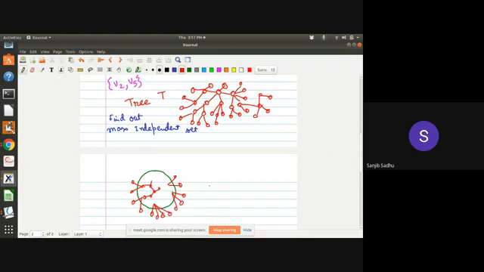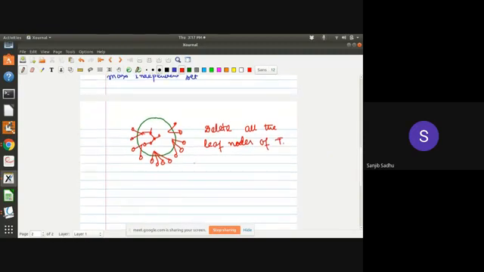So what I will do, I will delete all the leaf nodes of T, and what I will get, the tree T will reduce to another tree T prime. So now here you see these nodes are not connected to each other.